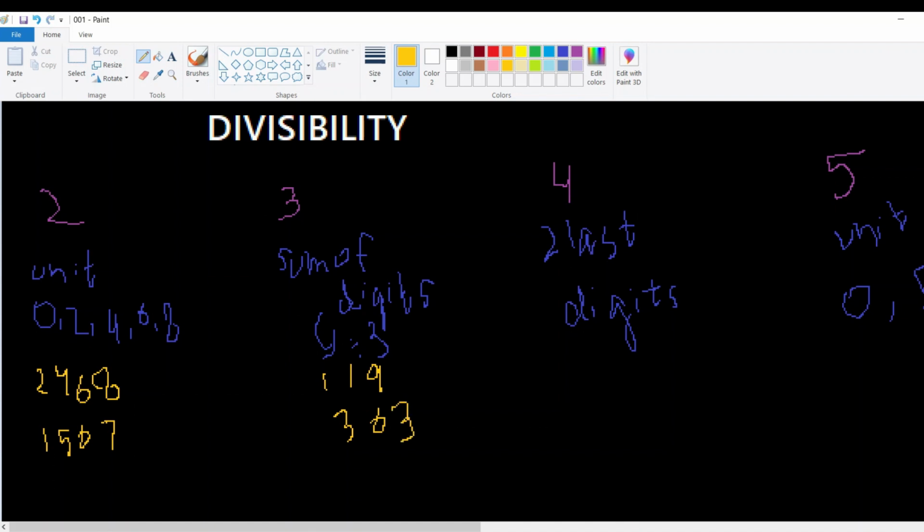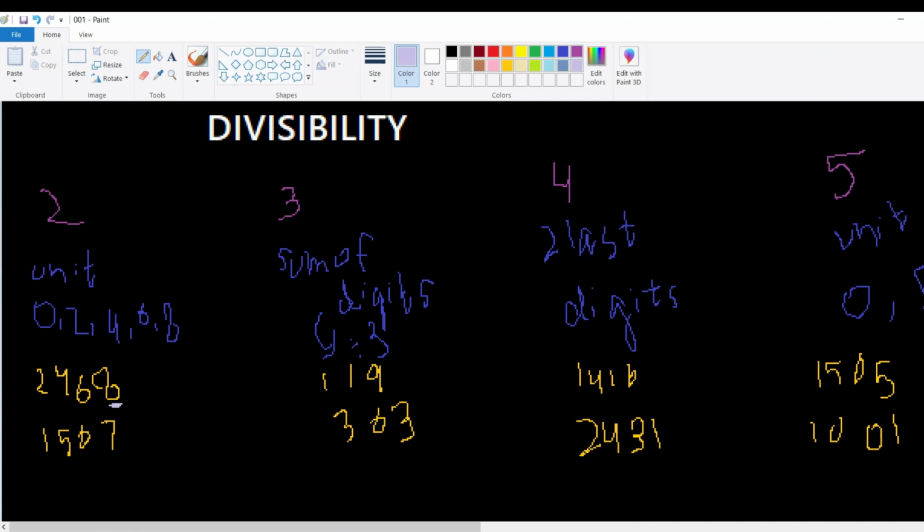For 4, we have 1, 4, 1, 6, and then 2, 4, 3, 1. For 5, we'll take the examples 1, 5, 0, 5, and then 1, 0, 0, 1. Now let me tell you which one is divisible and which one is not.